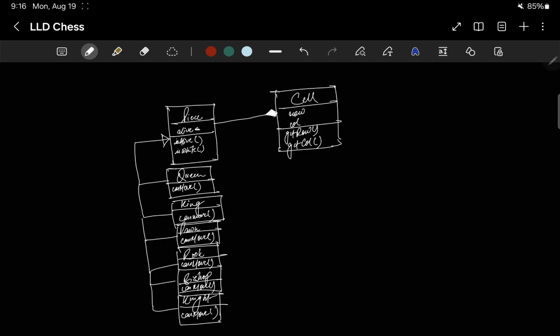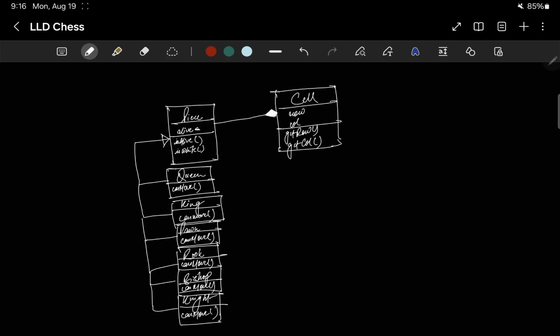Although yes, you can say that the pieces exist on their own, out of the box. But in the game of chess, the pieces don't exist without the cell. Either the piece is here, or the piece does not exist. You cannot see it in the game, right? So that's why the piece is related to cell. The piece cannot exist without the cell. So there will be a composition relationship.